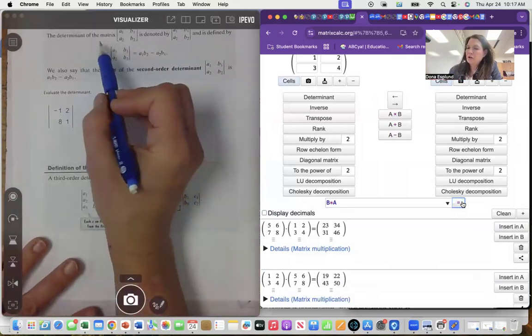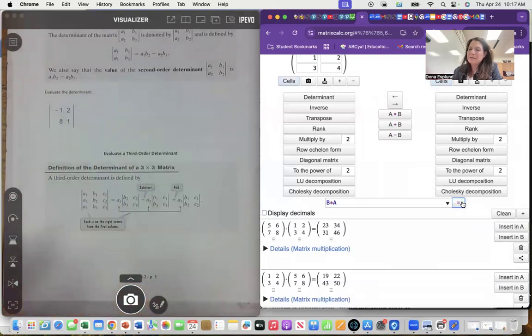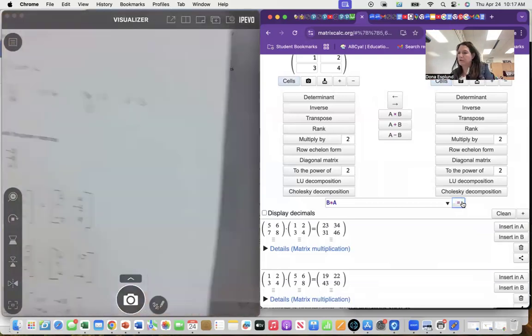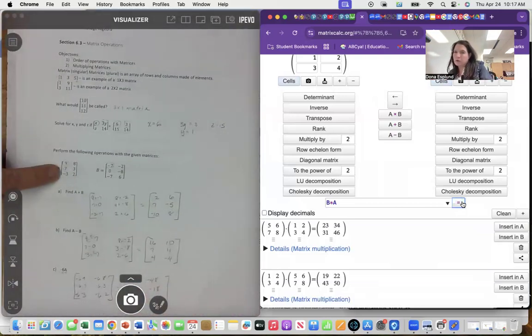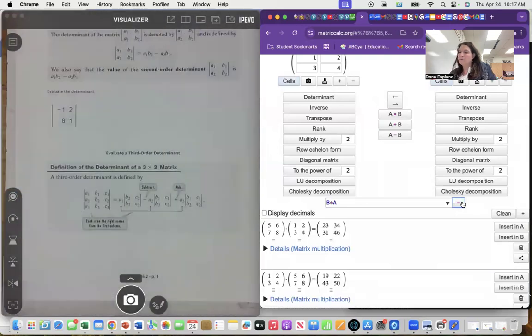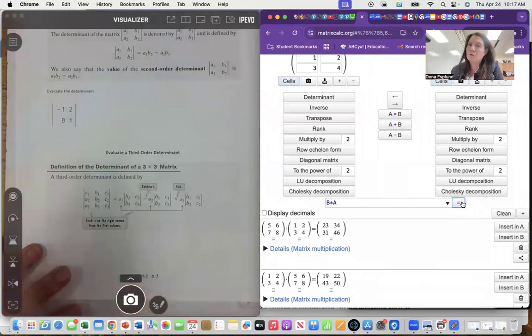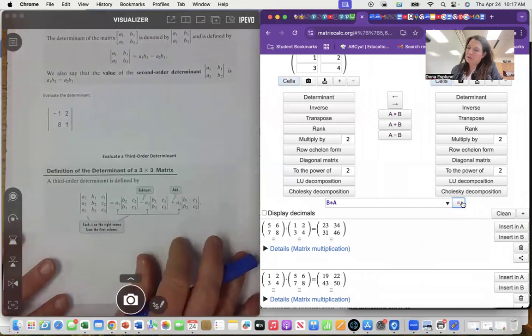When I find the determinant of my matrix, it has to be a square matrix. So if you notice, like all of the ones I've had so far, like the 2 by 2, this one is not a square matrix because it's a 2 by 3. All of the ones we used yesterday when we solved those equations, those were not square matrices. But if you have a square matrix, you can determine the determinant.